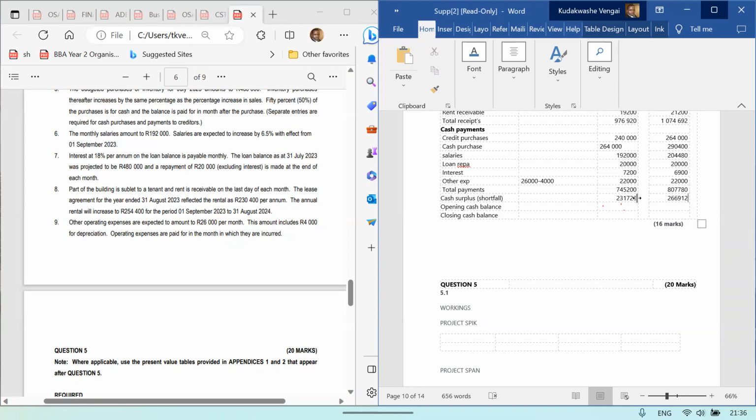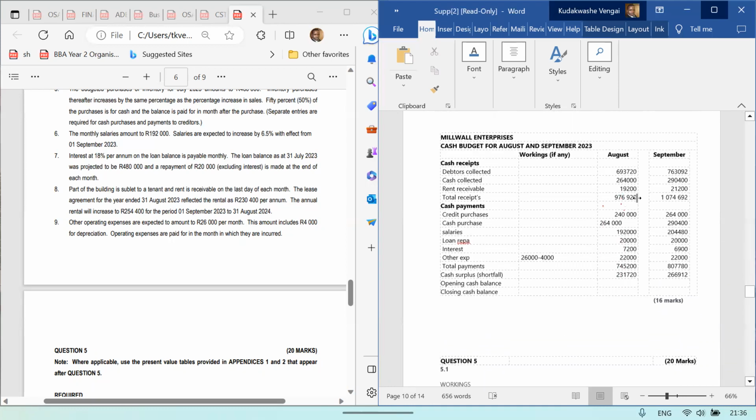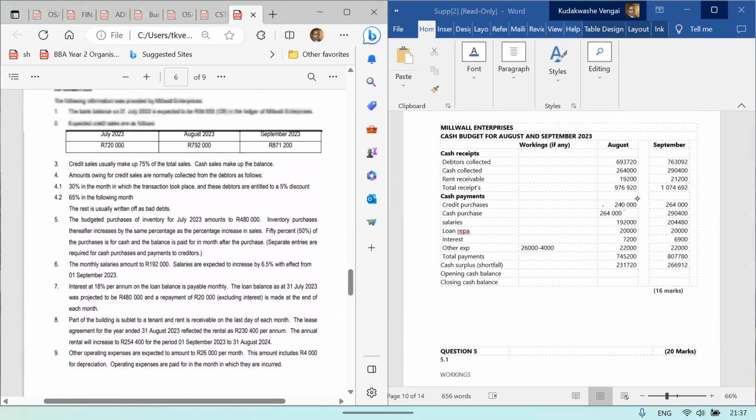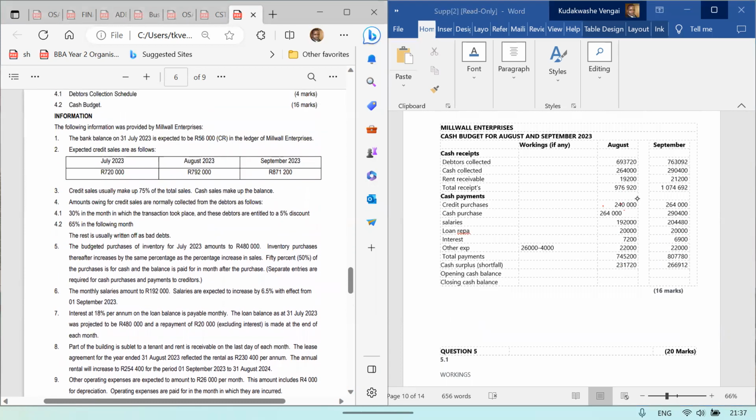So what is the opening cash balance for August? If we check here, we are already told, point number one, the bank balance as at 31 July is expected to be 56,000 CR. CR means credit. If it is a credit bank balance, it means it is an overdraft. Please take note.